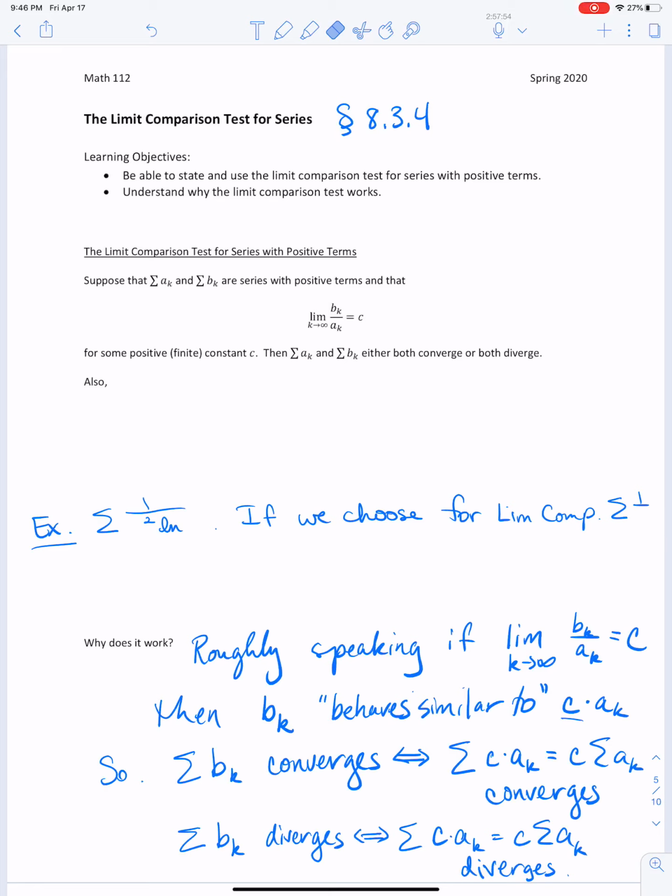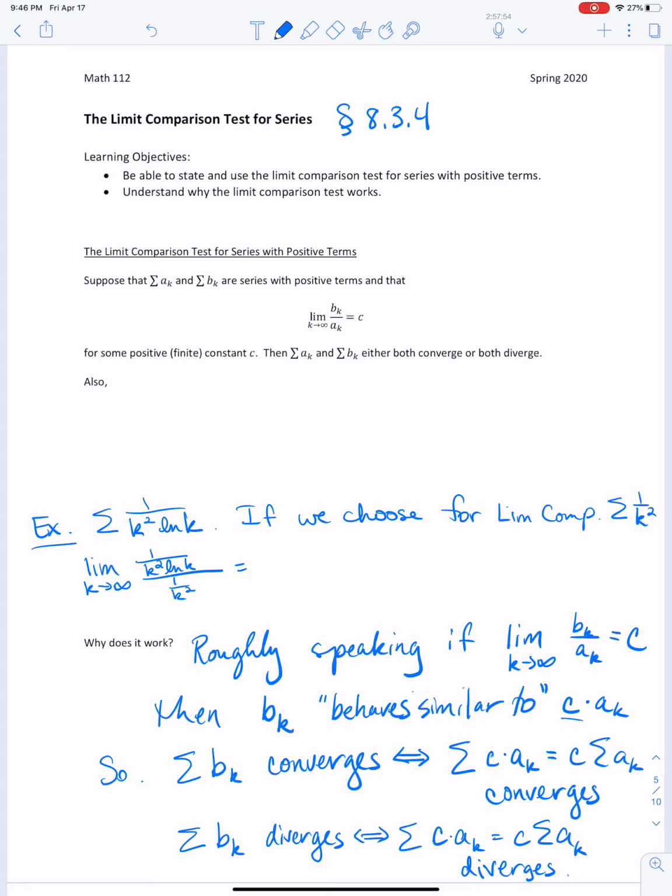So 1 over k squared ln of k. So suppose that we use the series 1 over k squared. Well, let's look at this. So if we look at the limit as k goes to infinity of 1 over k squared ln k over 1 over k squared, right?